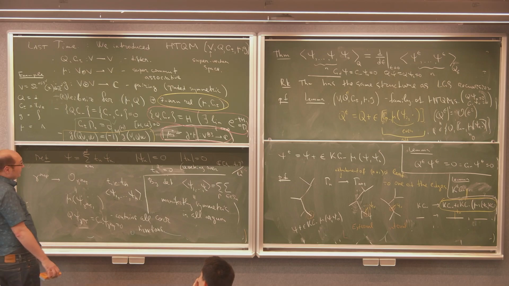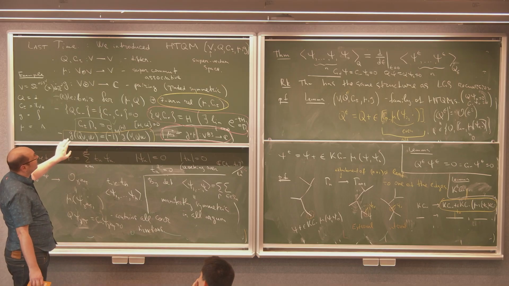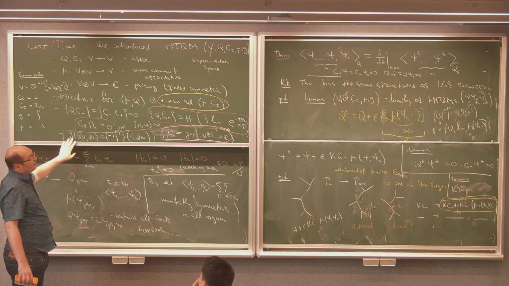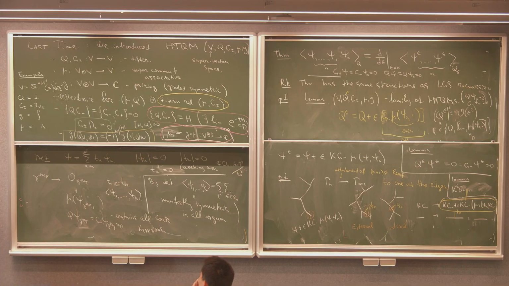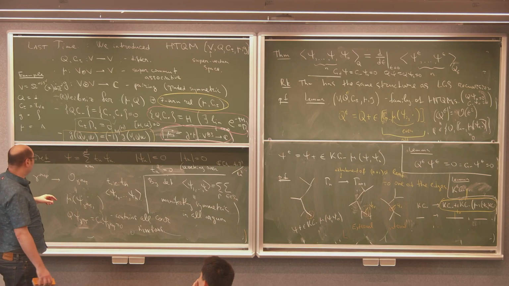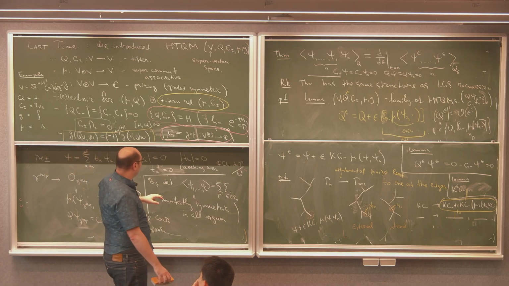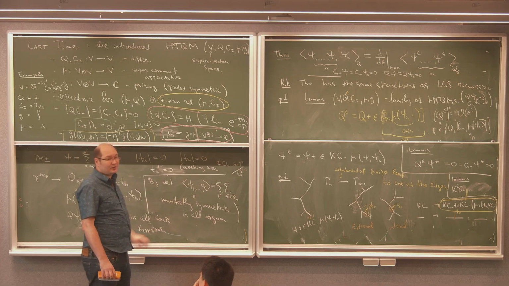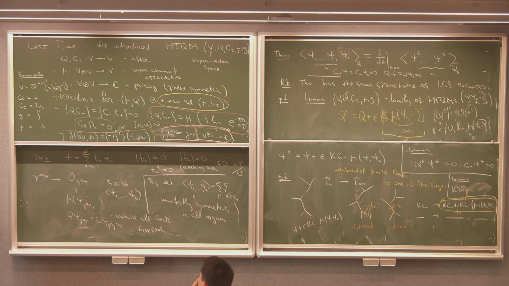So yes, the answer is yes, you have a WDVV type relation in any formal HTQM. In any formal HTQM, I think I wrote curly F, which was the generating function for n-point amplitudes, and this curly F would satisfy WDVV in the sense that the third derivatives with respect to t's, with some exchange, would be equal to each other.